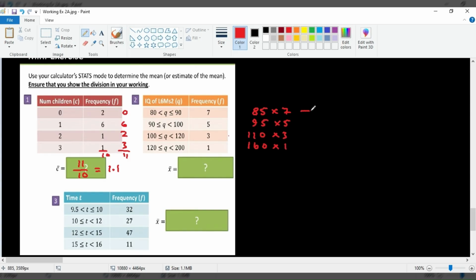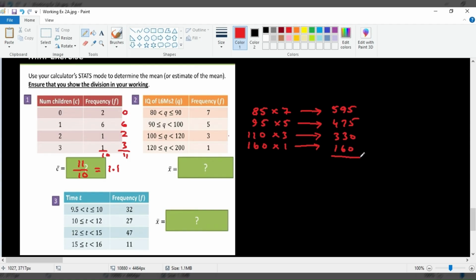Now in here, this is going to give us f of x. Now 85 times 5 is going to give us 595, and 95 times 5 is going to give us 475. Next one is going to give us 330, and the last one is going to give us 160.